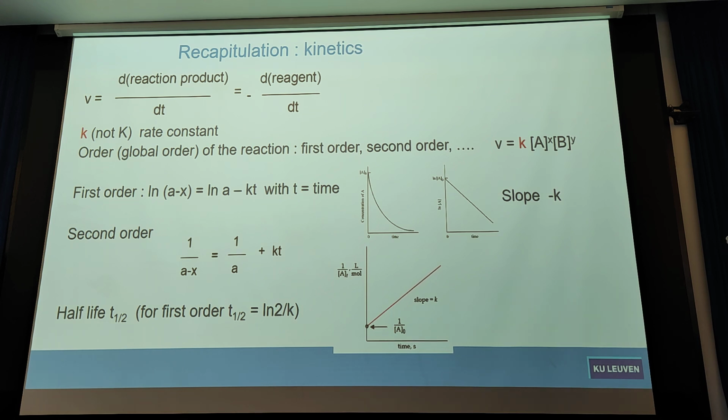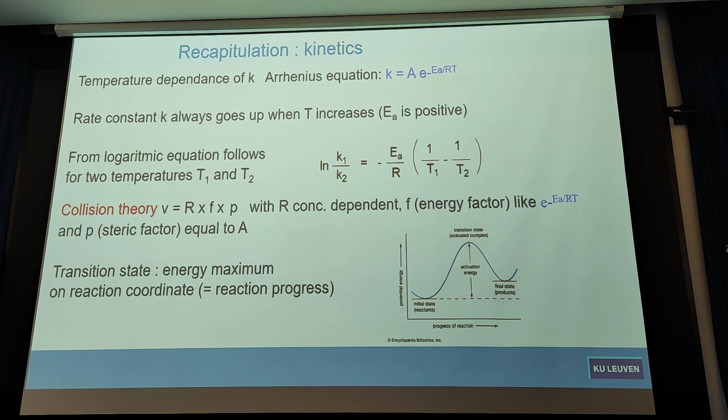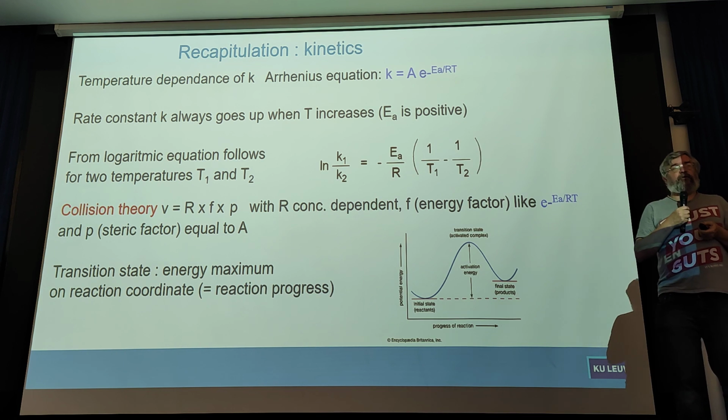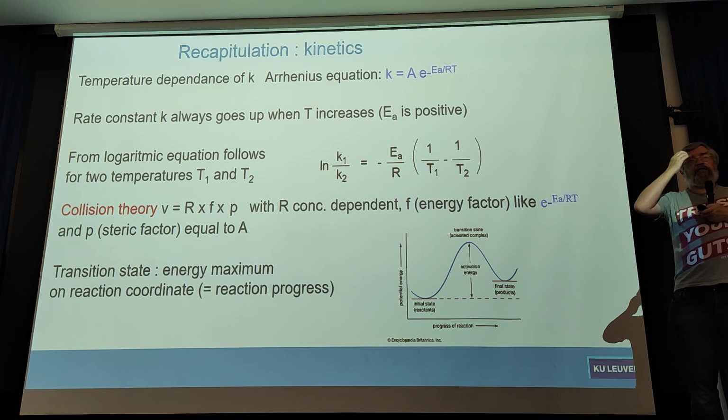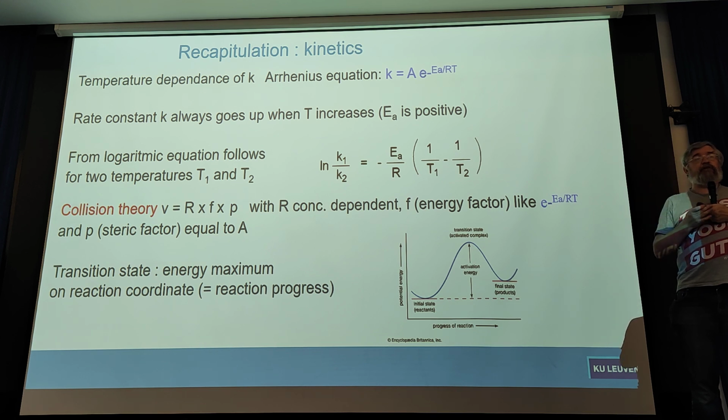Going on with the most important things. We have shown that the rate constant is constant as long as you don't change the temperature. If you change the temperature, it is varying. In fact, if you increase temperature, you always increase the rate constant.